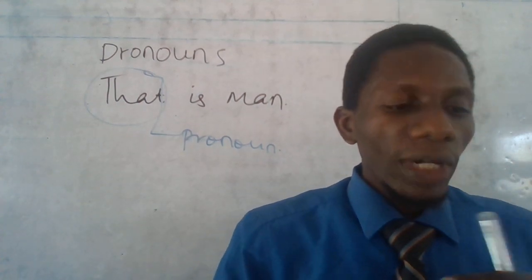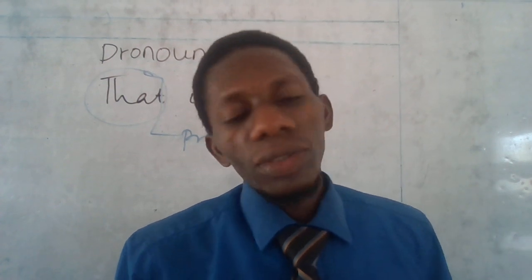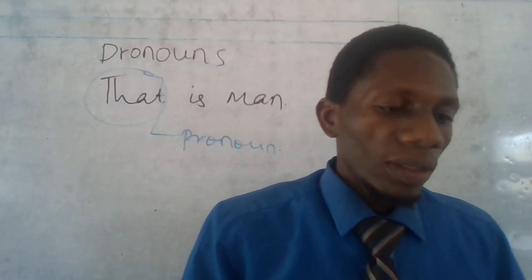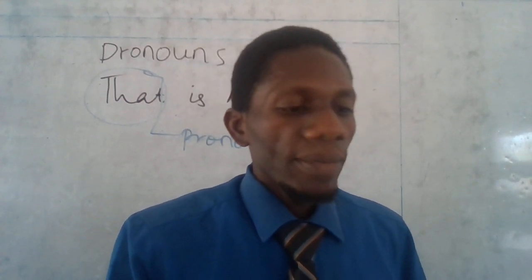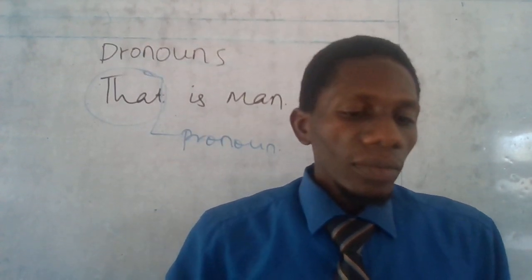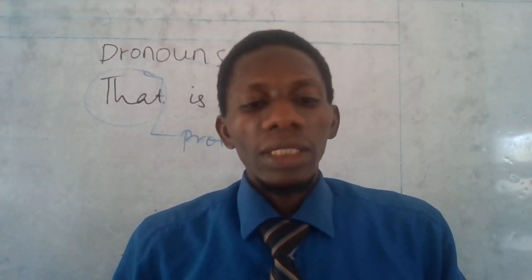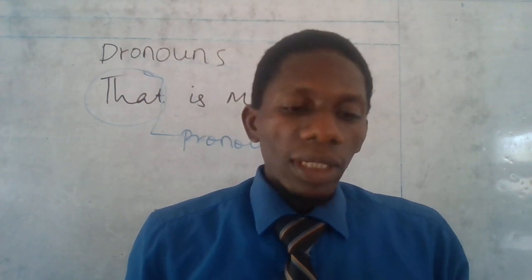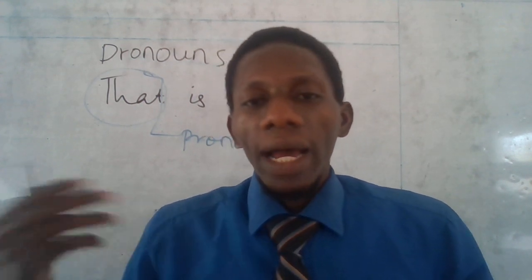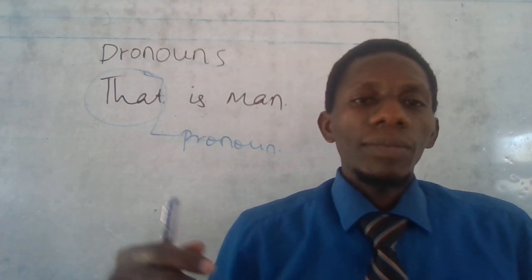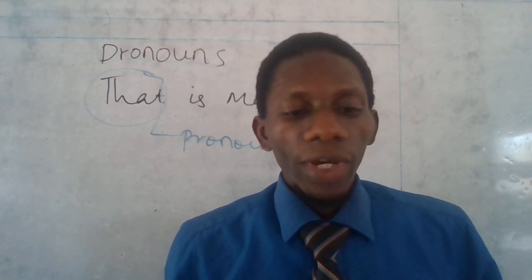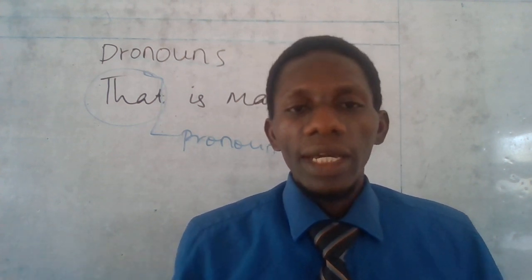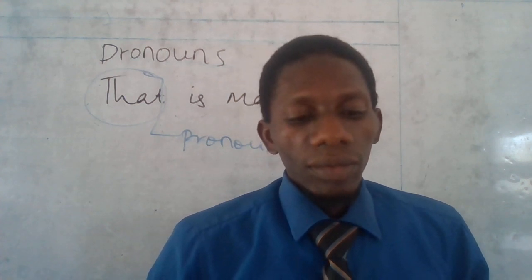Remember, we say that pronouns are words that are used instead of a noun. Pronouns may include words like him, them, who, us, mine, his, hers. Also, pronouns are used as complements to verbs. For example, if I say it is I, it is we, it is they, and so on.